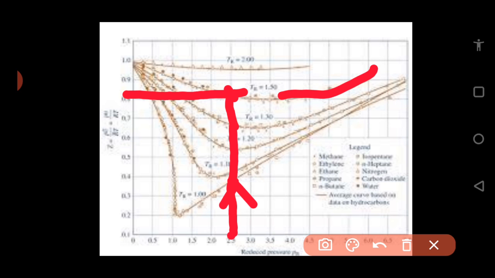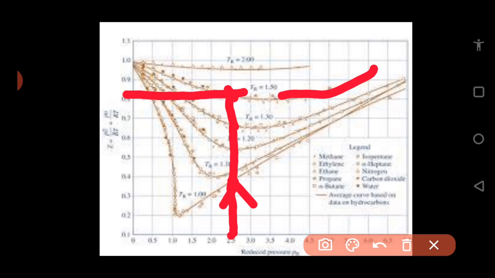The reduced temperature is 1.5, so this is the reduced temperature line.